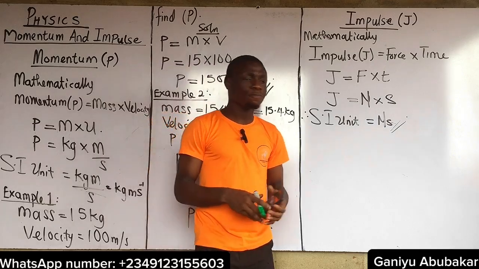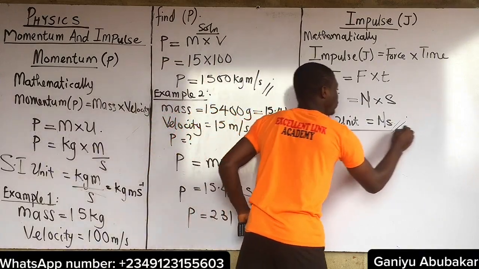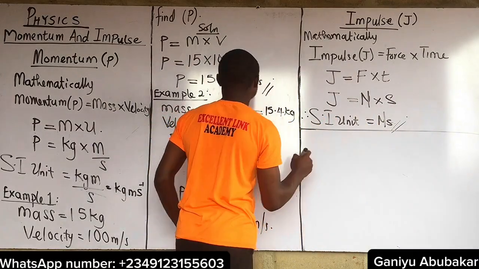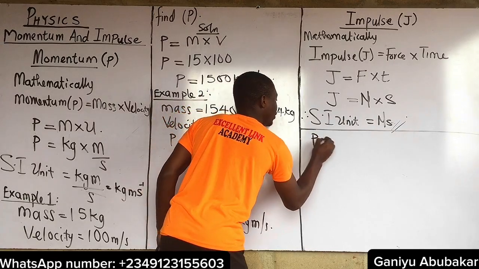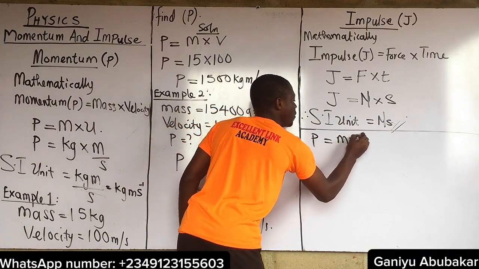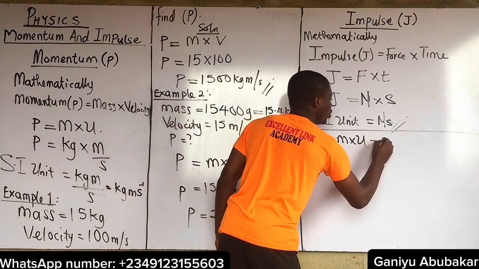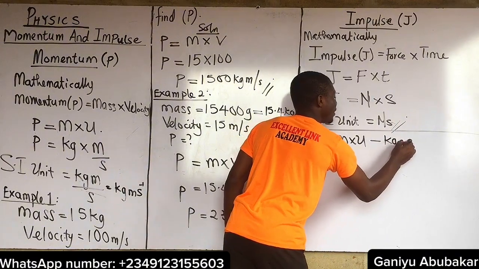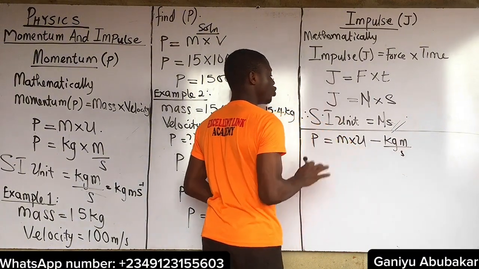Let's prove that. We said that momentum P is mass times velocity, measured in kilogram meter per second, which is true.